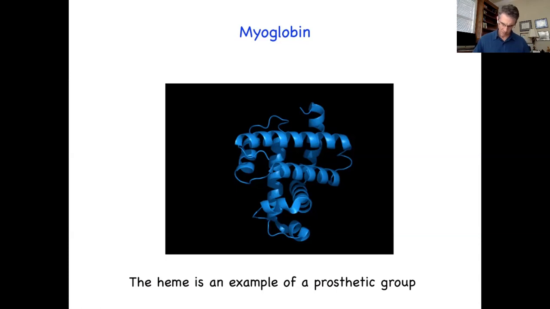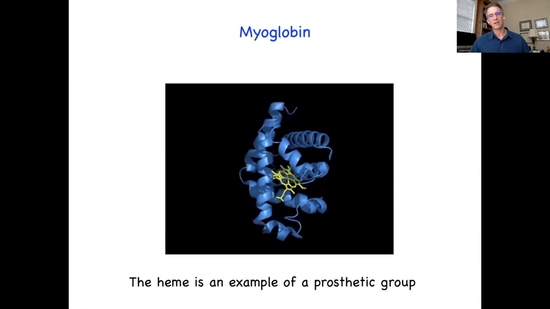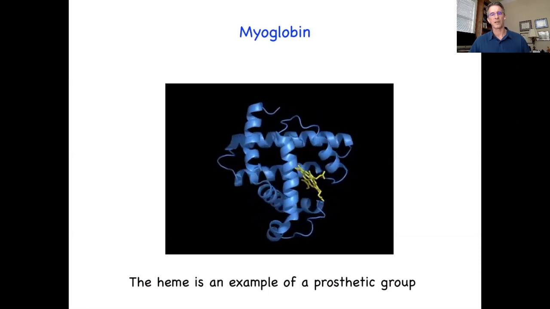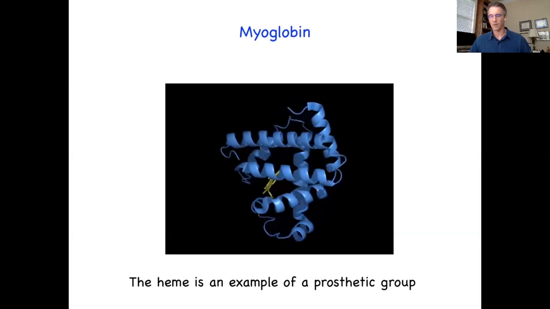You can see it's an almost completely alpha helical protein, right? And it happens to have over here on one side a nice little hydrophobic pocket. It's not totally down in the core of the protein, part way with an edge exposed near the surface, but snuggled down in a nice hydrophobic pocket. And you can see that a little bit, if we put this thing into rotation, how it's tucked down into this nice little hydrophobic pocket, right?